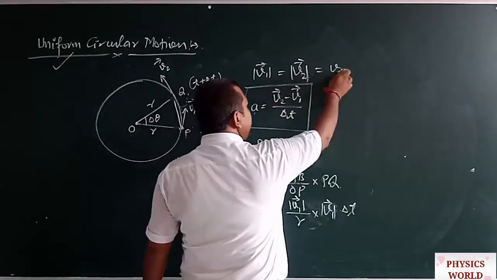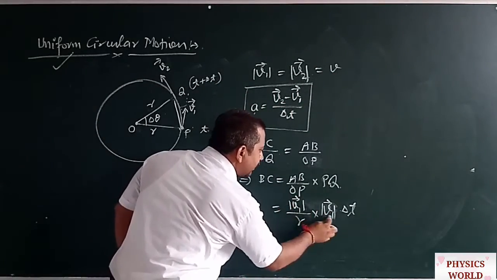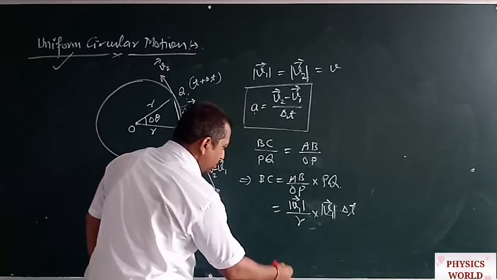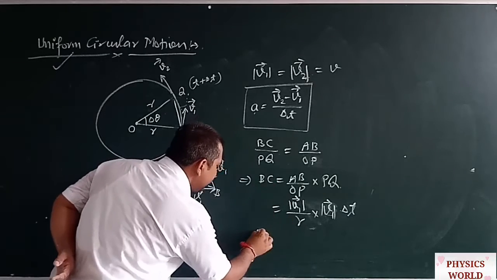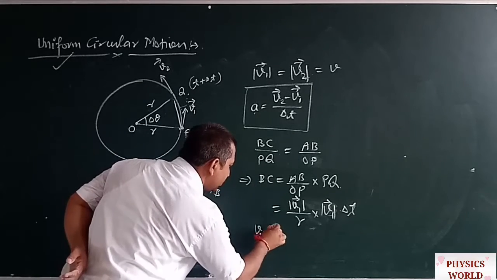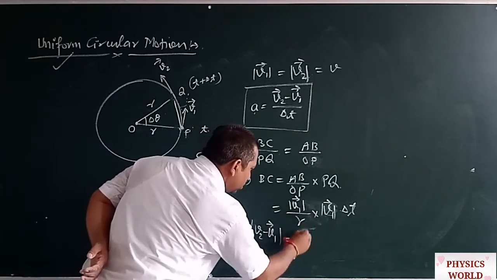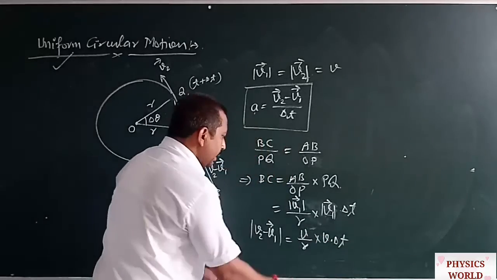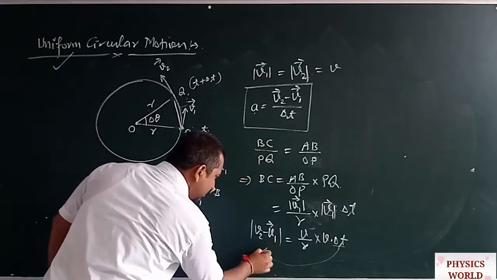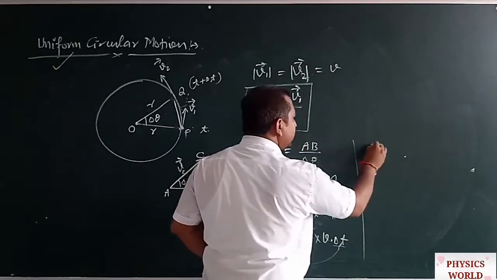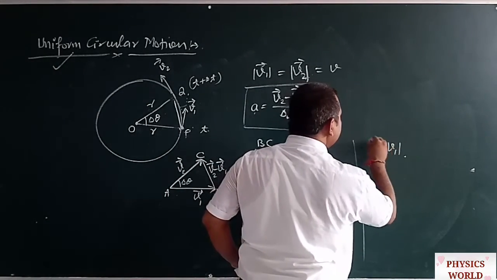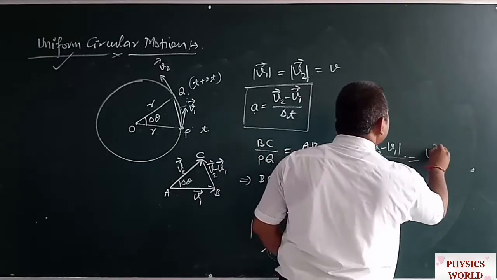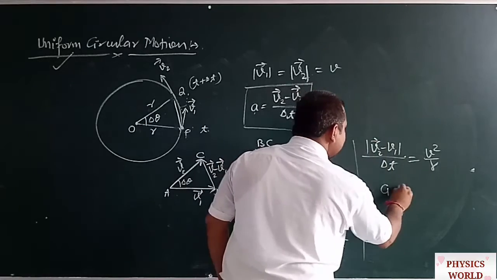So this BC, that is v2 minus v1, is equal to v by r into v delta t. If we put this delta t on this side, then we get v2 minus v1 divided by delta t is equal to v square by r, and this is the acceleration.